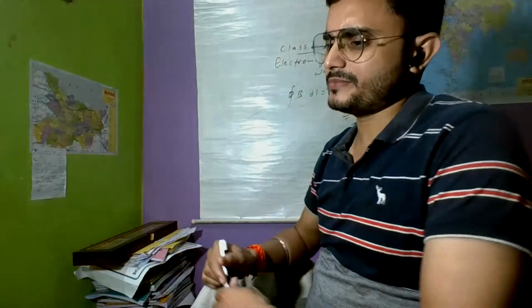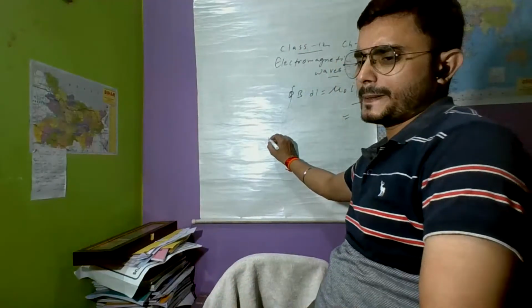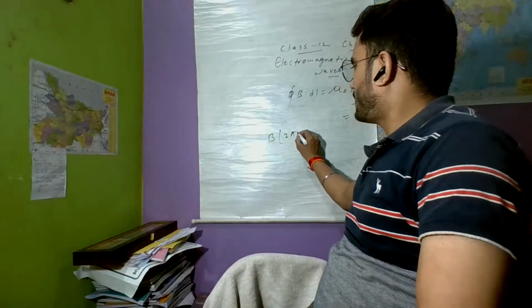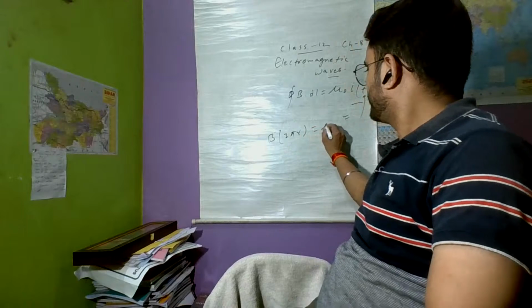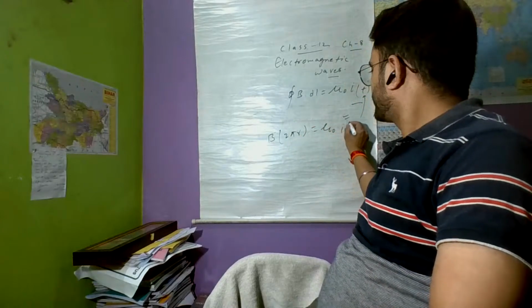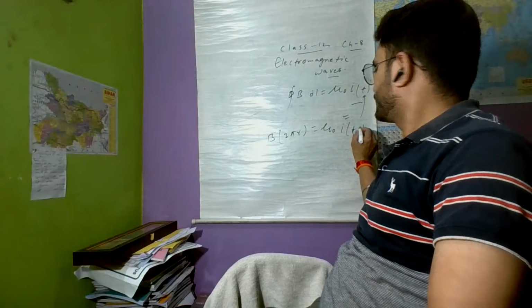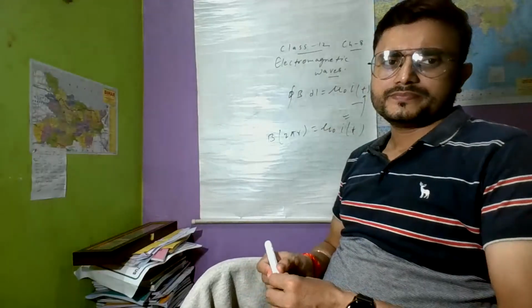So what we have, B times 2 pi r. Got it?